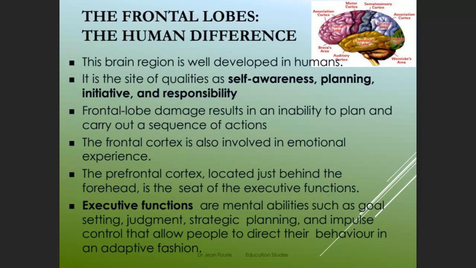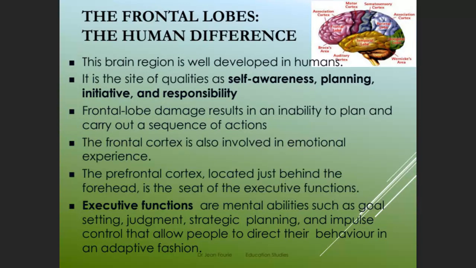So this very forward part of the frontal lobe, the prefrontal cortex, which is located just behind your forehead, is the seat of our executive functions. Executive functions have been called that.